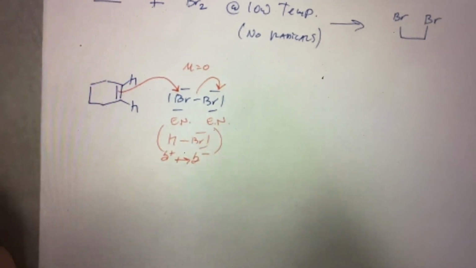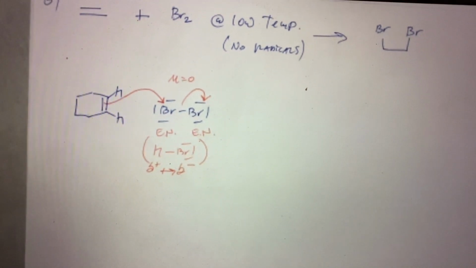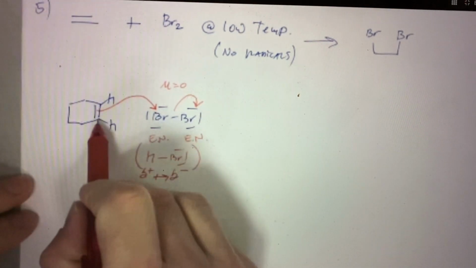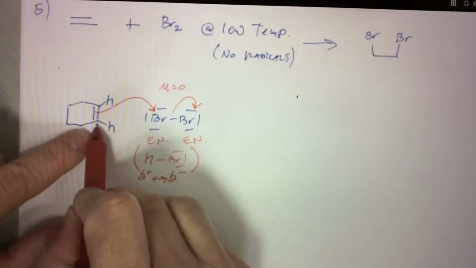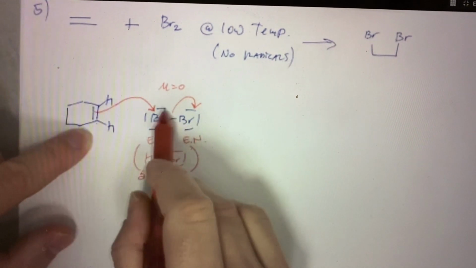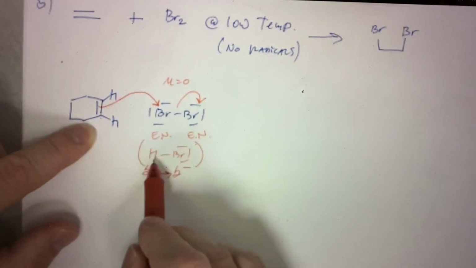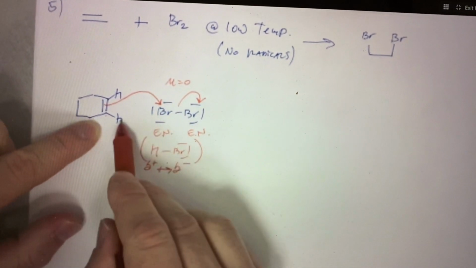The other thing that's unique here is that technically we're building up plus charge, let's say on this carbon. And bromine actually has lots of electrons around it, unlike hydrogen.